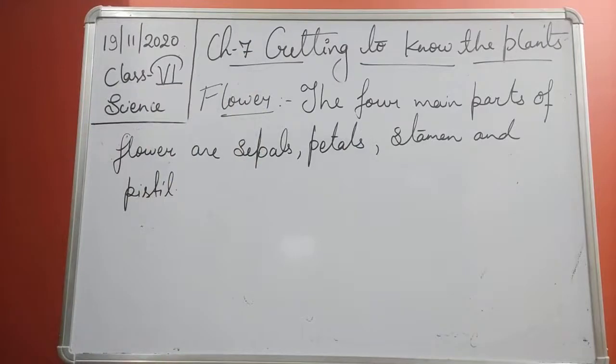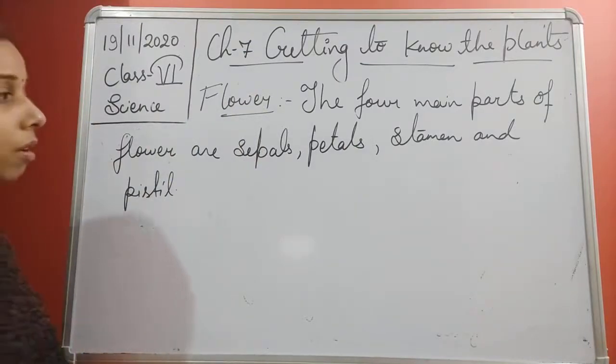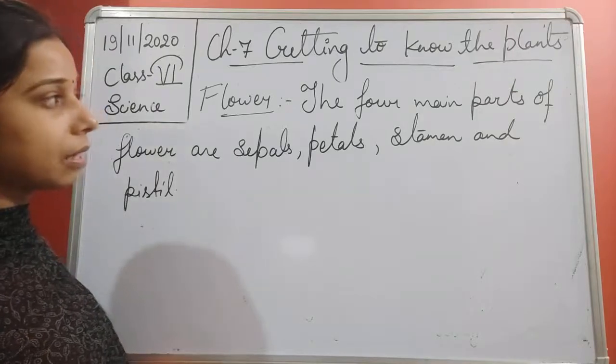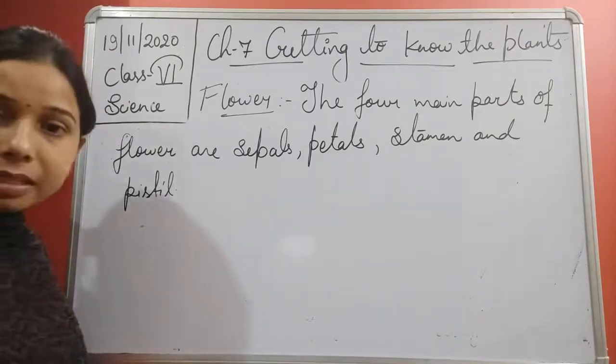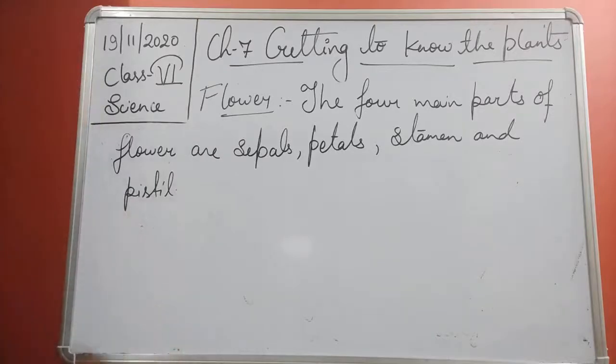These are what, student? These are the different parts of the flower. Sepals are there, petals are there, stamen are there, and pistil is there.